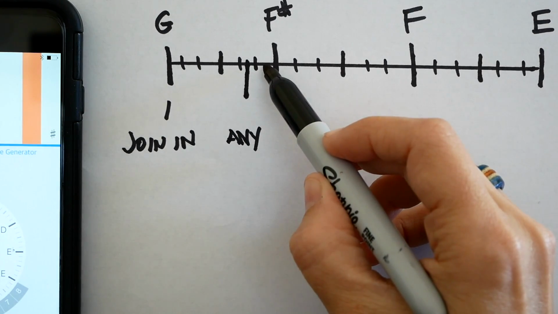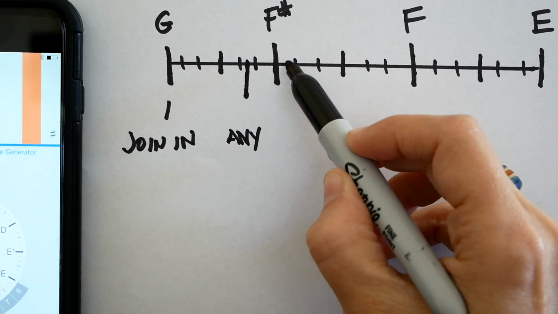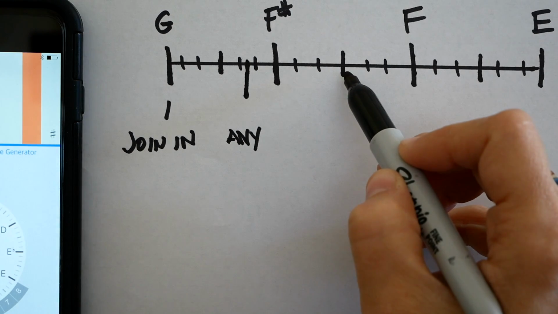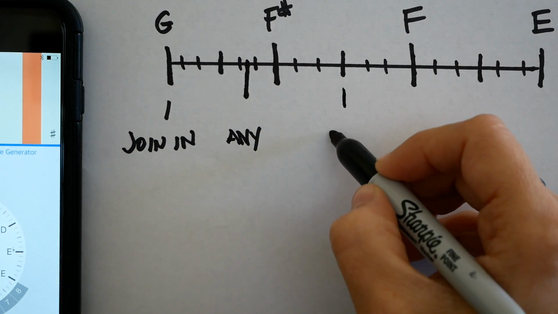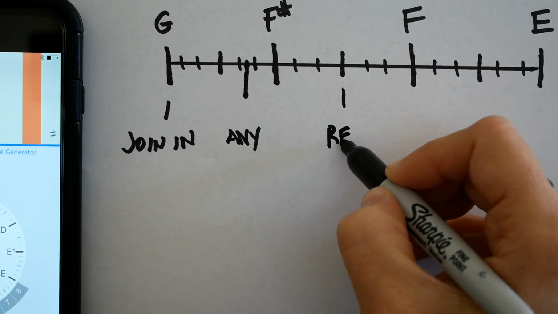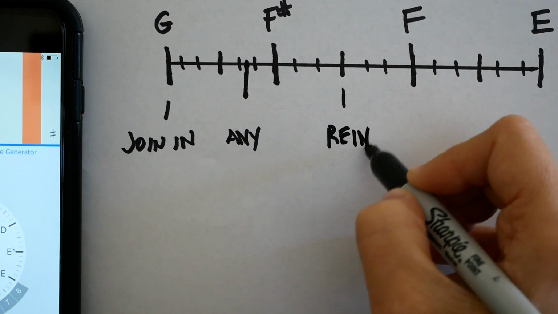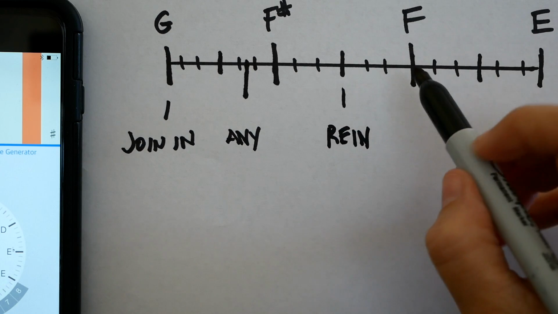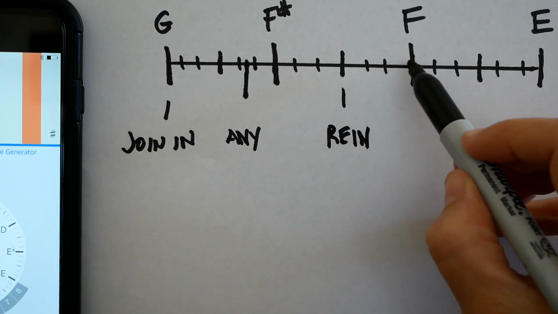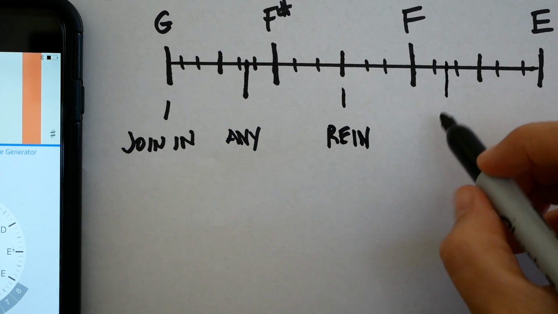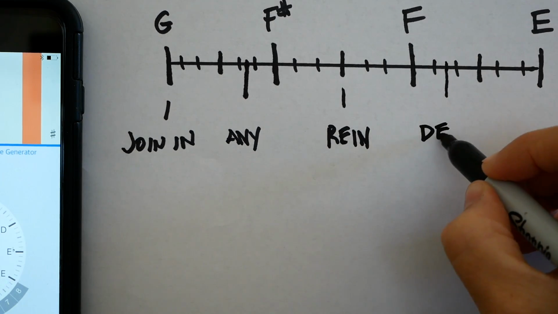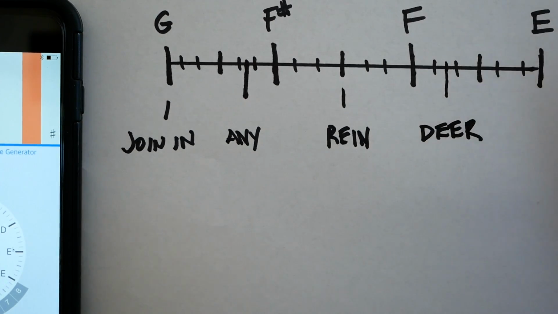So halfway between this is 1, 2, 3, 4.5. So "any, rain" is going to fall on the quarter tone. Rain, and then we're going to count another 1, 2, 3, 4.5. And it's right there. Deer. And then "games" is here.